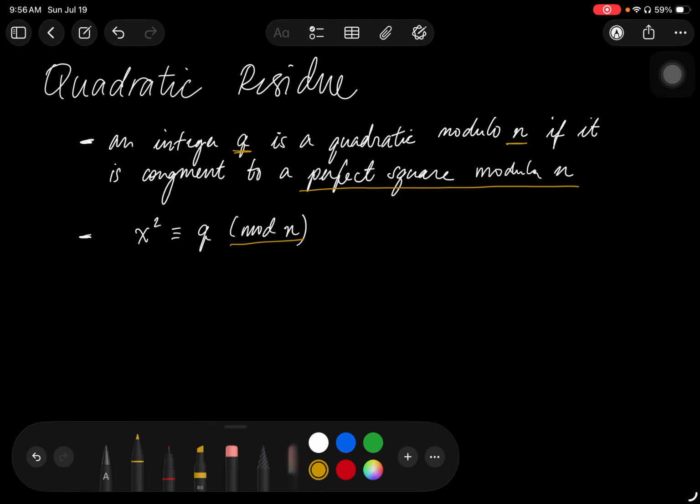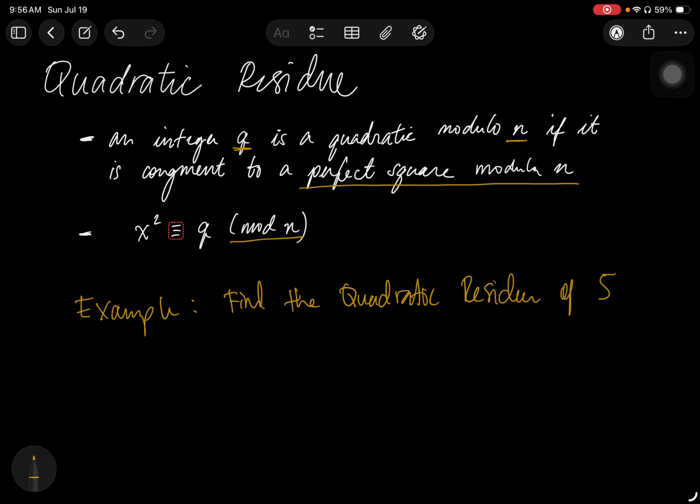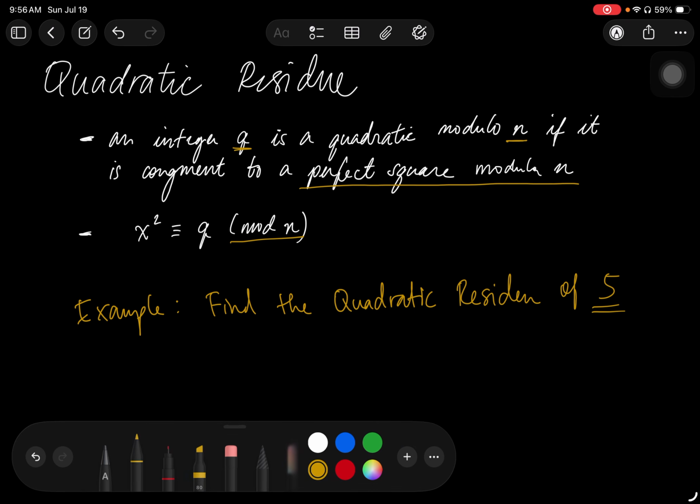So let's give an example. We need to find the quadratic residues of 5, so our n here is 5.